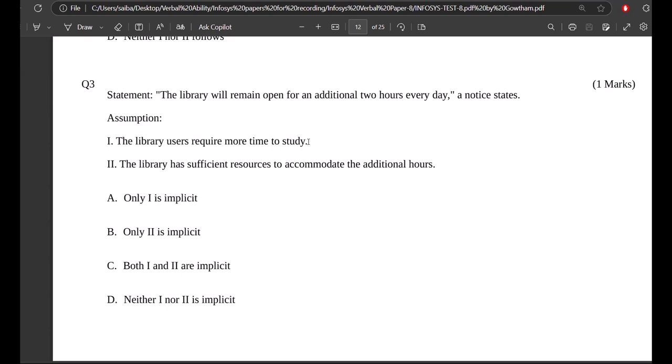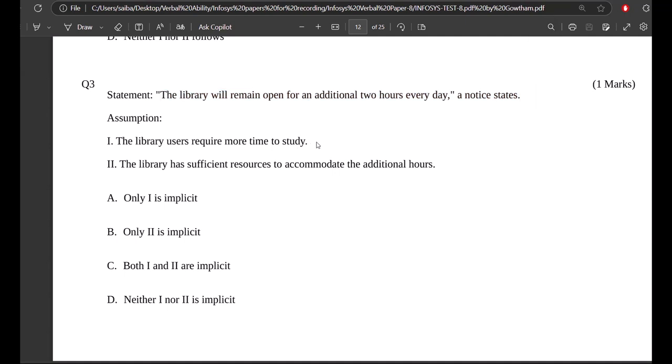If we look at both the assumptions, the first is that the library users require more time to study. But we do not have any information related to this assumption in the given statement, because the statement says only that the library will remain open for additional 2 hours, and no reason is given.